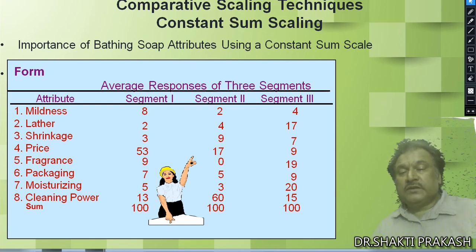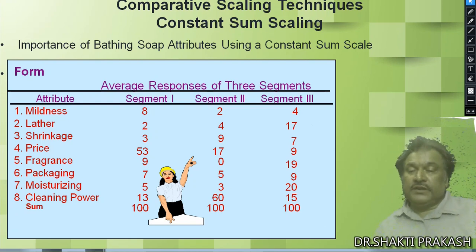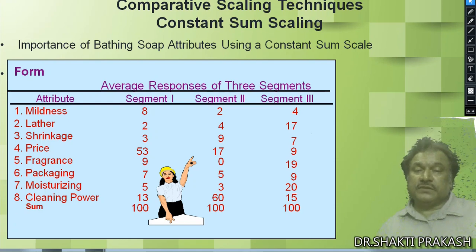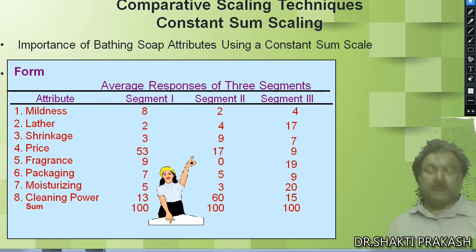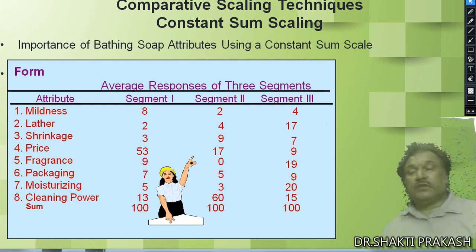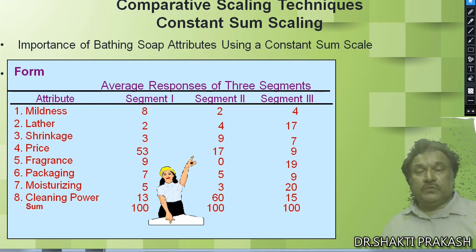In the second segment, 60 for the cleaning power. And in the third segment, moisturizing. A decision maker will decide what the major concerns for the customers are, what all 3 segments are thinking about what should be in a bathing soap, and which attributes should be most important.